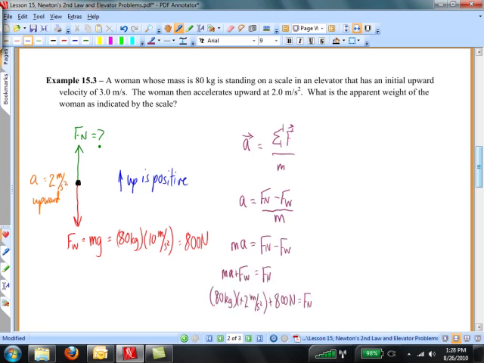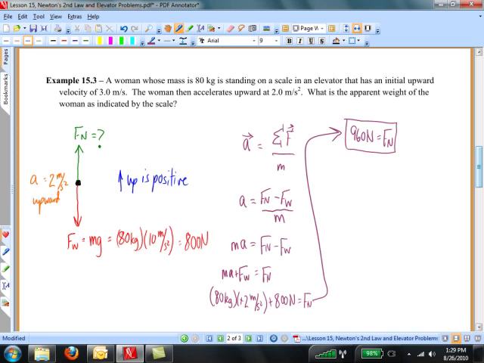So there are the numbers, and my calculator will give me some result. The reading on the scale is 960 newtons. And that makes sense because as I accelerate upward, I expect that I will feel heavier. My legs feel the normal force, or the pushing of the floor or the scale of the elevator against me. And so I feel heavier when I'm accelerating upward.